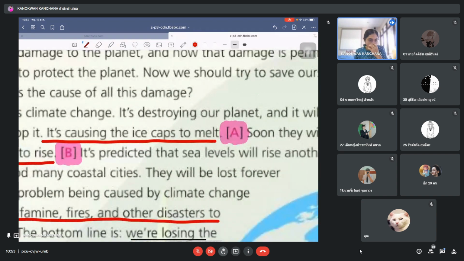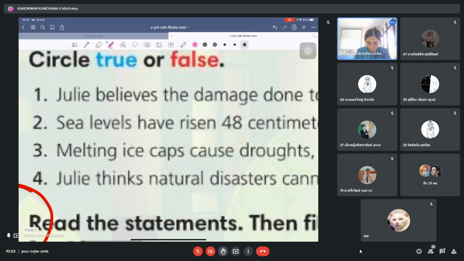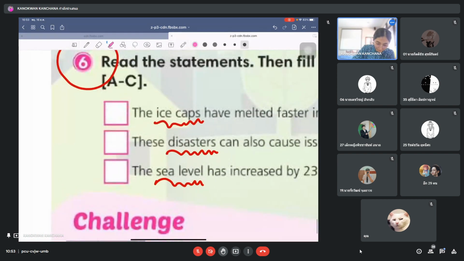Take a look at A. It's causing the ice cap to melt. Take a look at ice cap, everyone. Ice cap. A, B, or C?